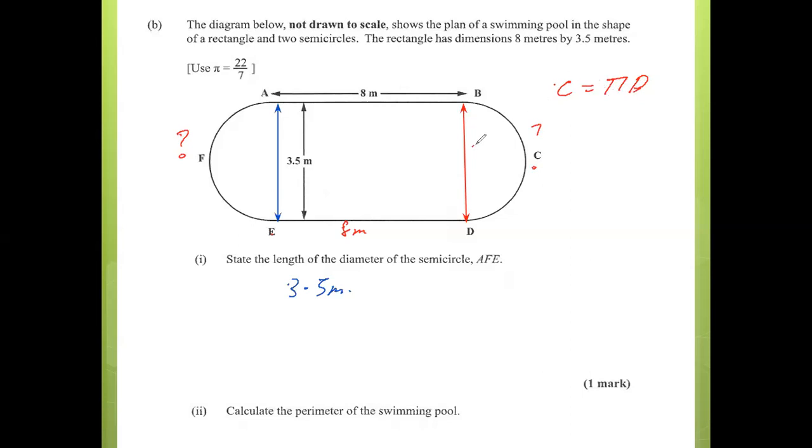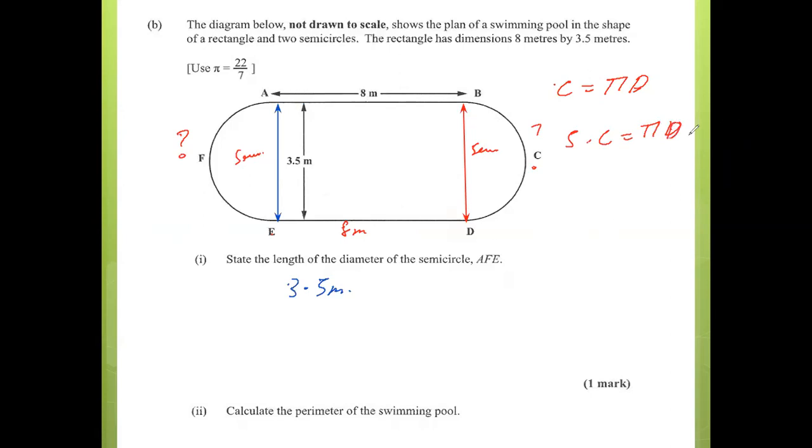Now, this side is a semicircle, and this side is also a semicircle. So we can find just one semicircle first, and whatever I get, that will be the same thing. And later we can look at another way around. So the semicircle is pi d over 2. You can say that, right?